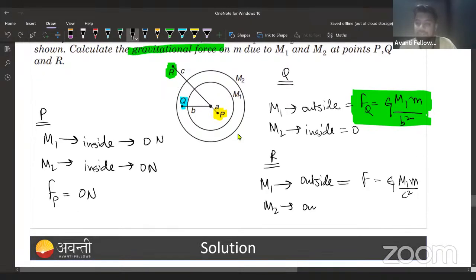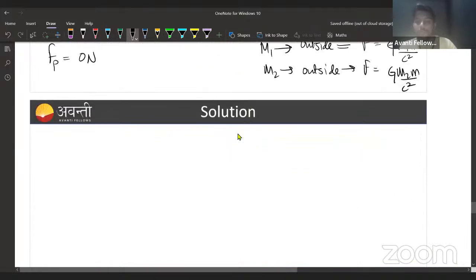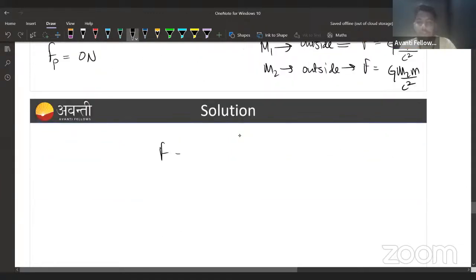Yet again for M2 as well, it lies outside. So F will be equal to G M2 M by C square. So F on R is equal to G M1 M by C square plus G M2 M by C square.